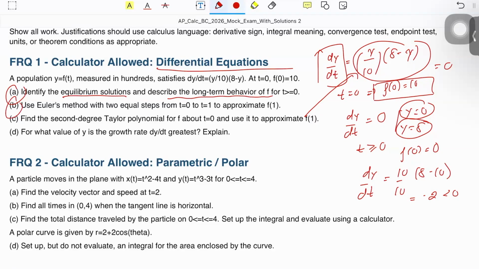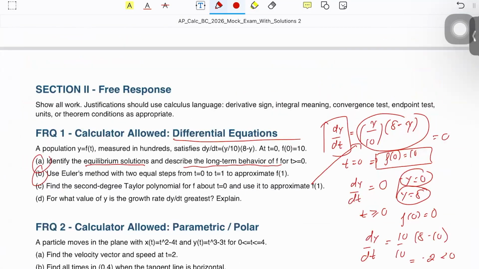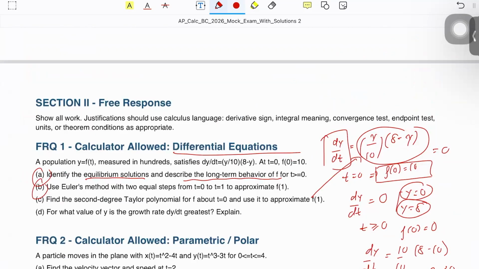Euler method. You remember Euler method? Euler method, two steps, from 0 to 1. So what is the size of the step? You have two steps and you need to go from 0 to 1.